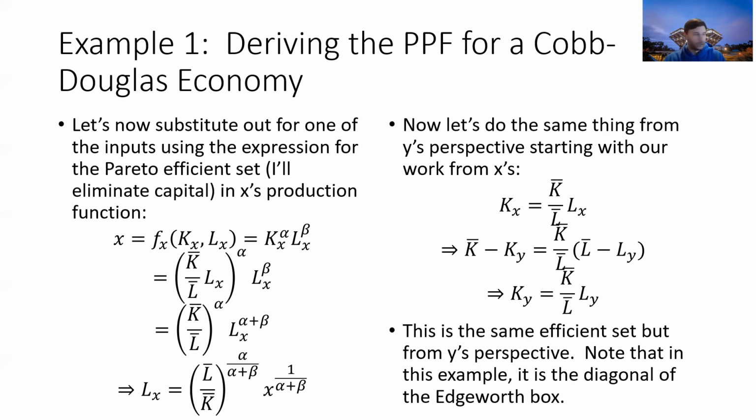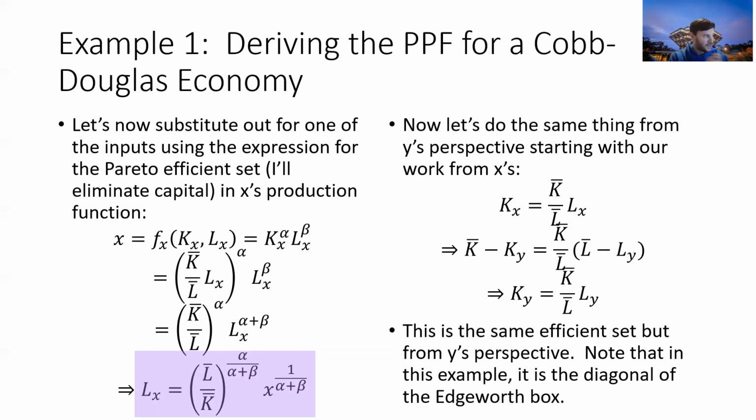I just want to be clear, what we've done is we figured out how much labor X uses on the efficient set, and how that depends on how much output X is producing. So we're going to figure out the same thing for firm Y's labor. And then what we'll be able to do is relate LX and LY through the labor constraints on resources.